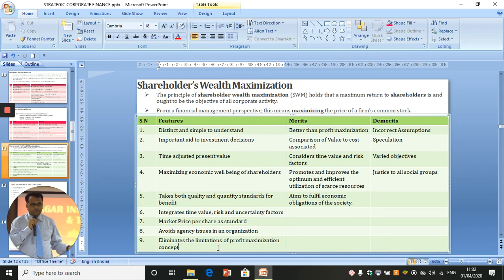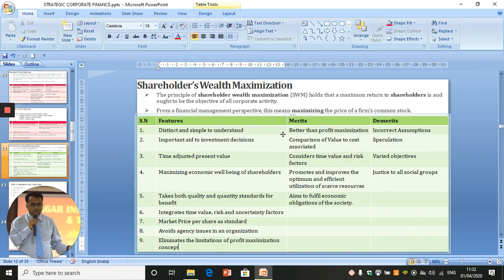Here, in shareholders' wealth maximization, we are taking care of market price, which means we are looking at maximization of market capitalization of the firm, and that is the sole criterion for any corporate to exist, because it is very important to increase the shareholders wealth. It is very important to increase the market value of the shares.